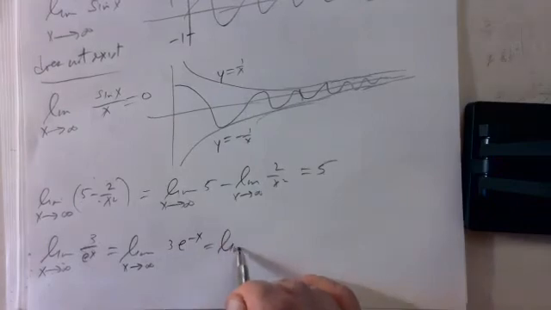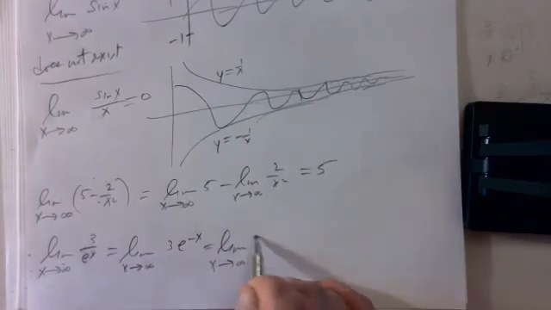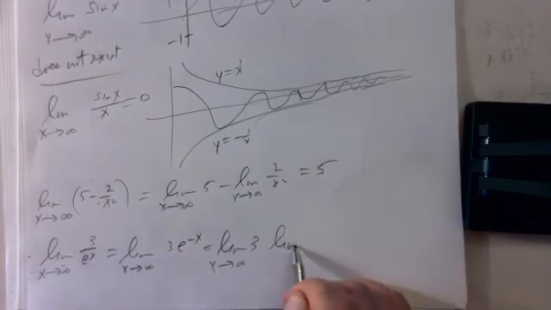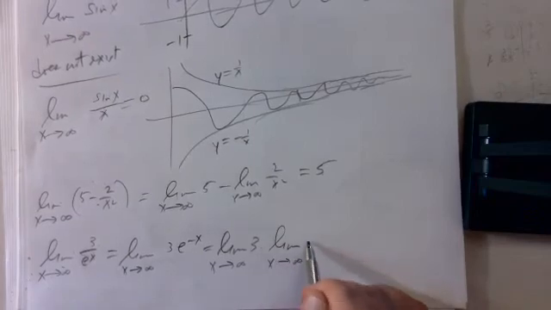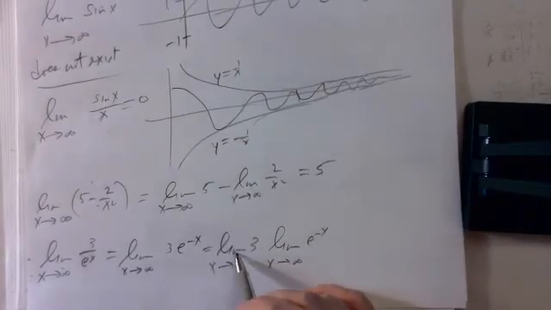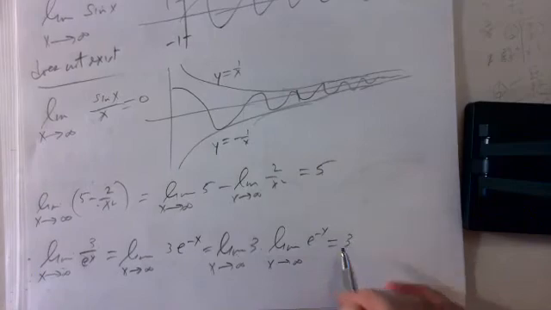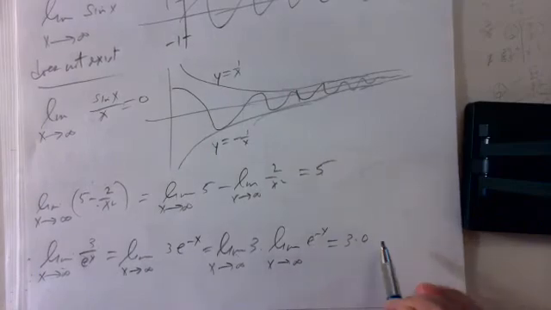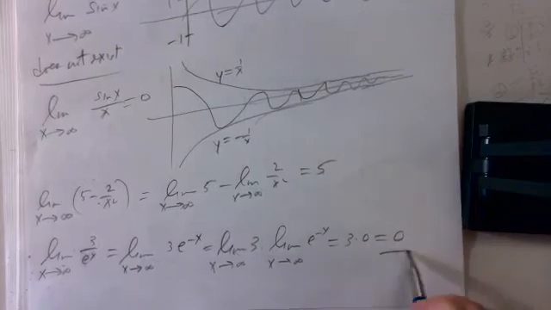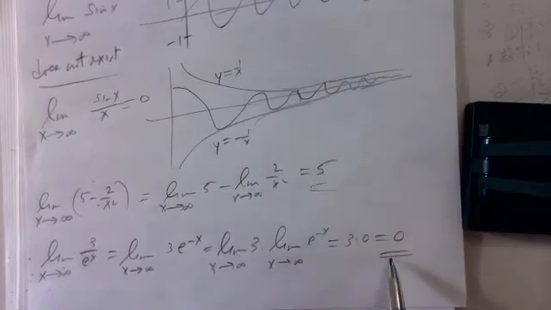So that's the limit as x goes to infinity of the constant function 3 times the limit as x goes to infinity of e to the minus x. The limit of the constant function 3 is 3, but the limit of e to the minus x, as we saw, is 0, and 3 times 0 is 0. So the limit is 0.